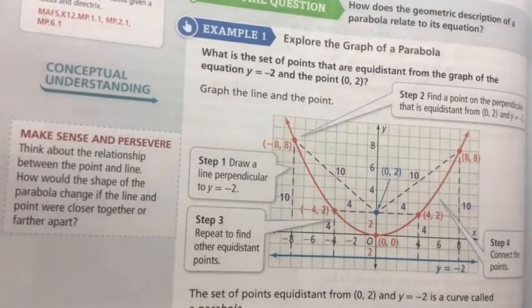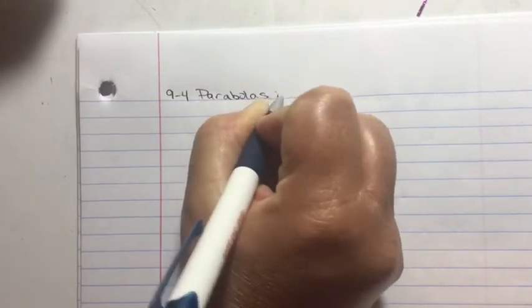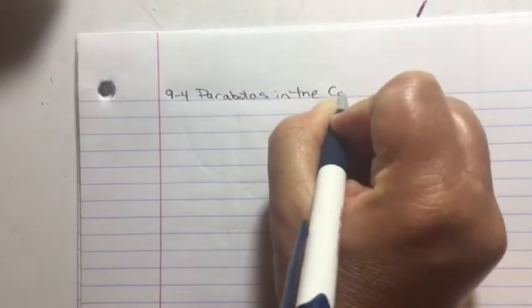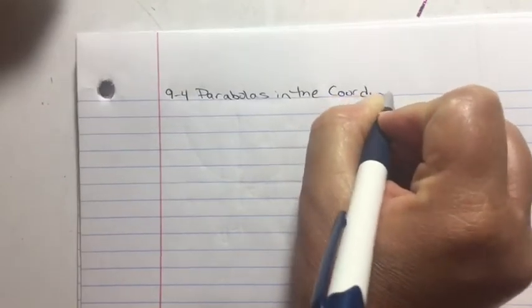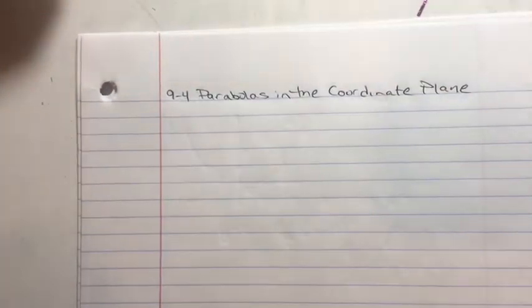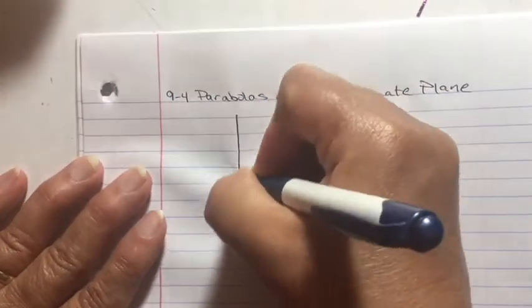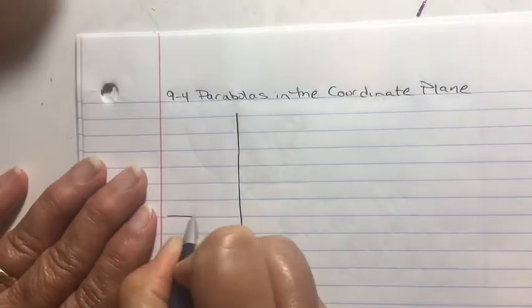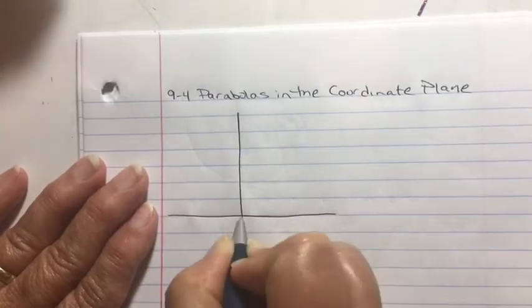All right, let's go to the written notes now. Title it 9-4. Parabolas in the coordinate plane. And let's make a quick sketch similar to what we just saw in the textbook.